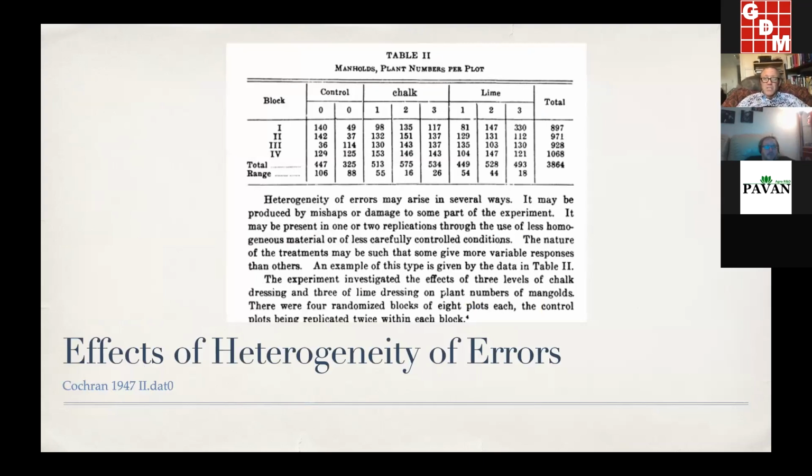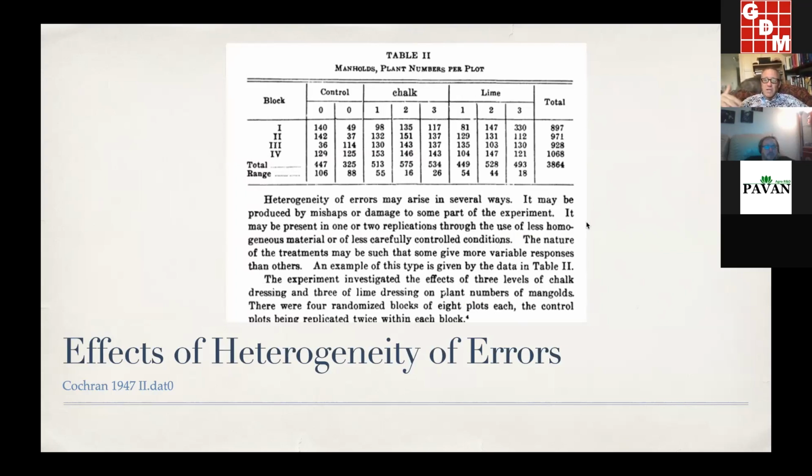The effects of heterogeneity of errors is probably the one that's going to give us the most problems when we try to use the analysis of variance. The nature of the analysis of variance is we take the individual standard deviations for each treatment and attempt to pool them into a common standard deviation.